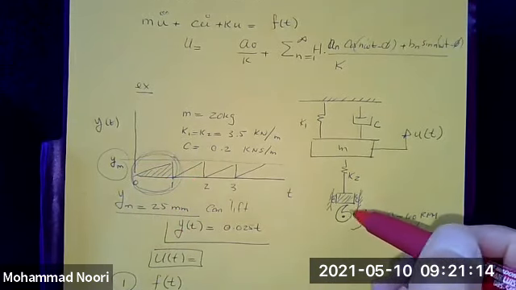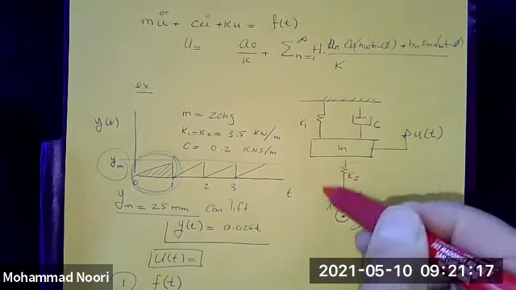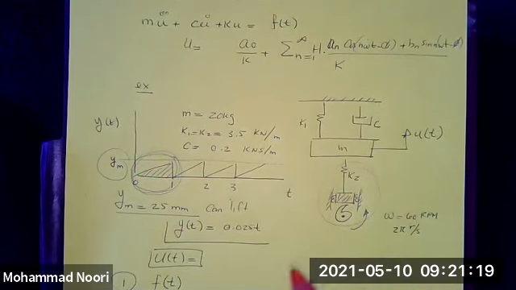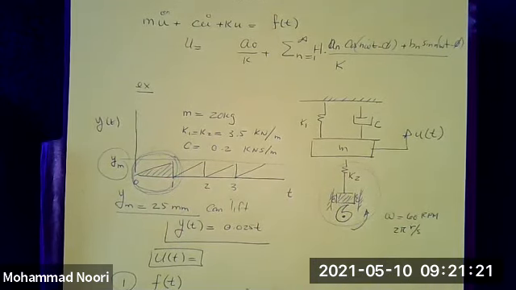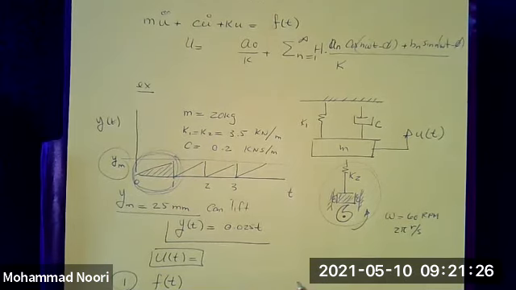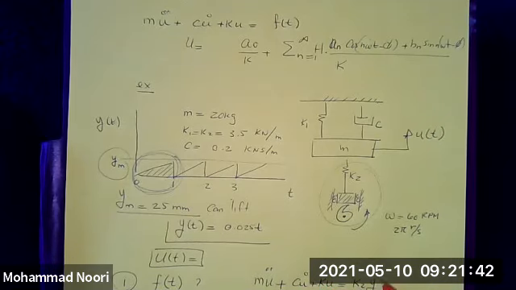The forcing function you can see obviously from the general formula for functions subjected to input displacement. The equation of motion was m u double dot plus c u dot plus k u equals, on the other side, K2 y of t. So this is our forcing function.